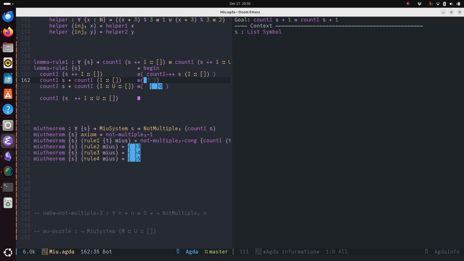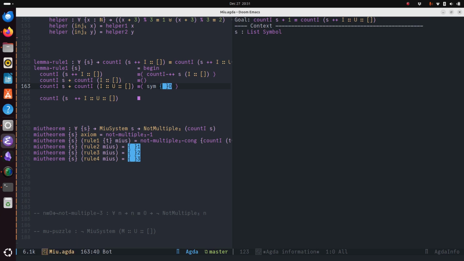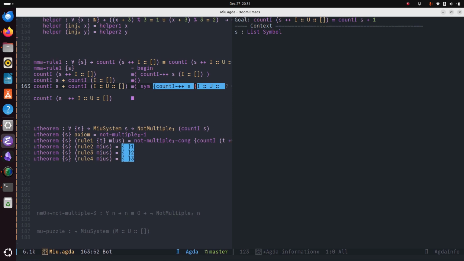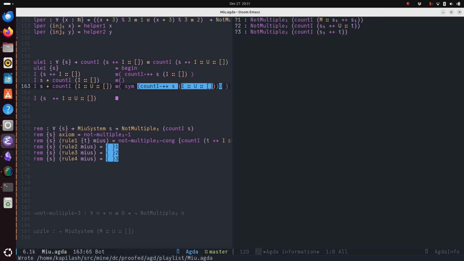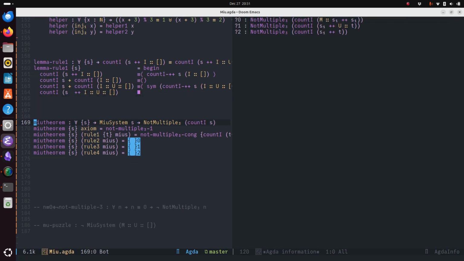So we can eliminate that. Right. Now here what we need to prove is count I of s plus 1 is equal to that, which is the symmetric of our count I argument. Right. So with this lemma in place, we have now proved the theorem for rule 1 as well.